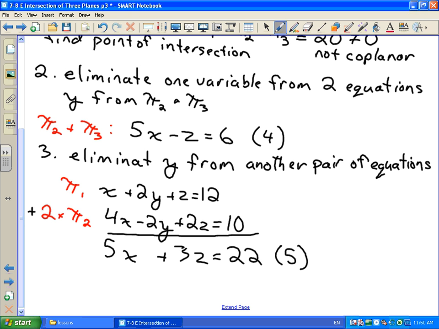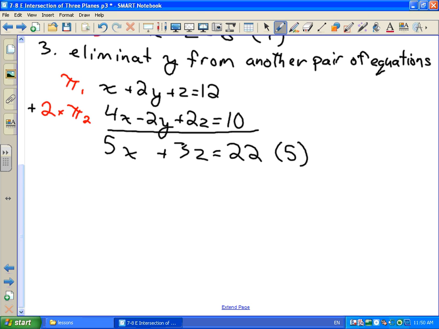So if we look at equation 4 and equation 5, we now have two equations with just two unknowns, x and z. So we can use 4 and 5 to solve for the values of x and z. So that's going to be step 4 here. Use 4 and 5 to solve for x and z.